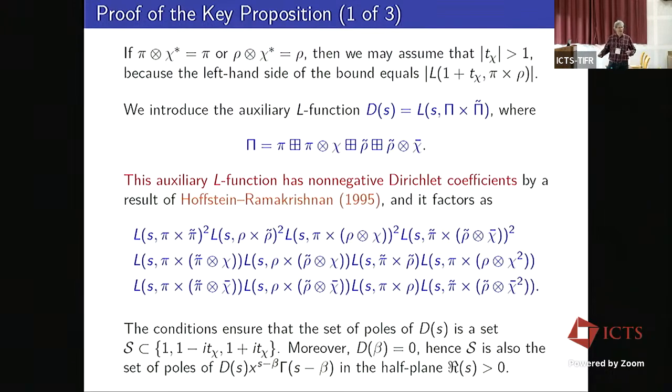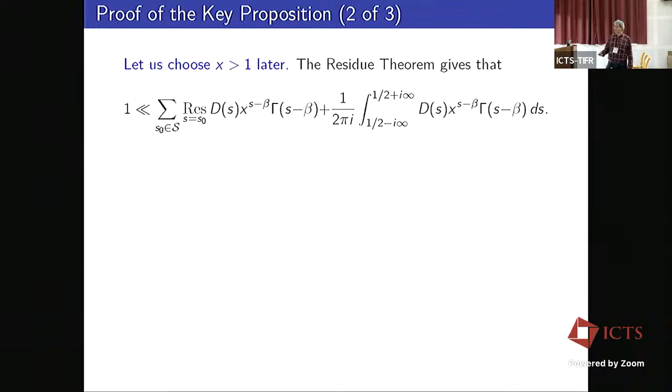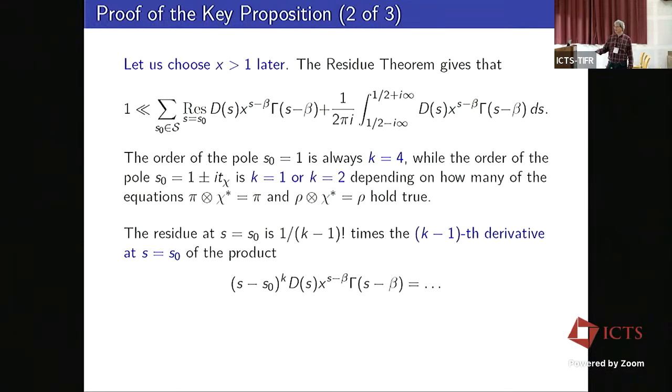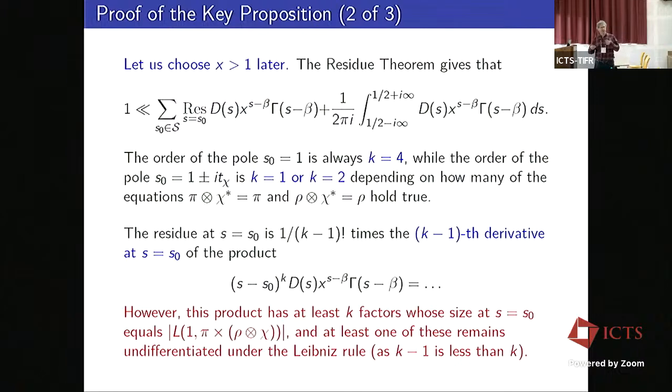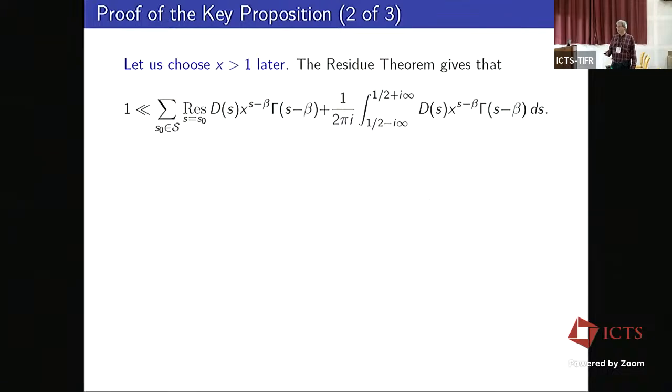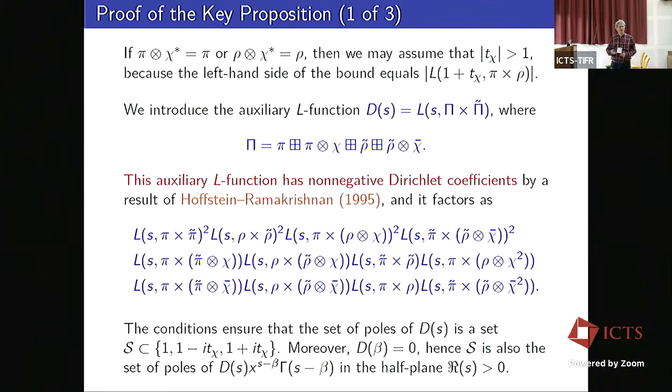If you shift 1 minus it chi by 2 it chi coming from the chi star, you get L of 1 plus it chi, pi twisted by rho, which is the same as L1 of pi twisted by rho twisted by chi, again by this relationship. So it just magically happens that there is always a matching number of good other L values whose size is the same as what you want to estimate. I don't have a very good explanation why this is happening. I just see it happening.